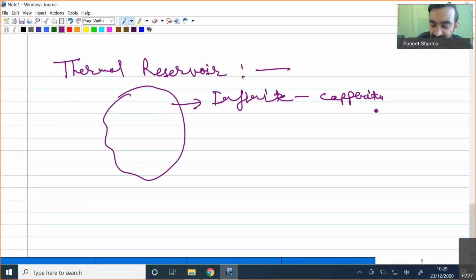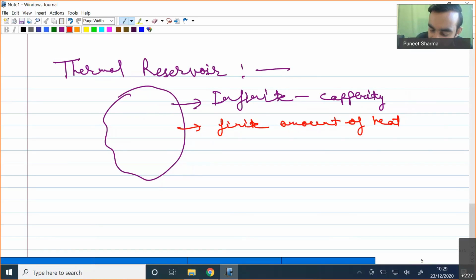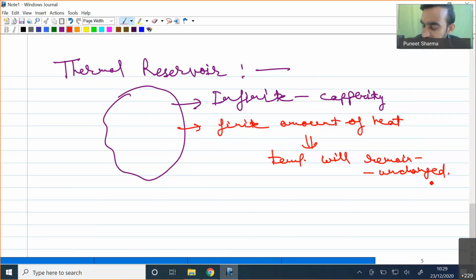The meaning of infinite capacity is that if I take out a finite amount of heat from this particular system, its temperature will remain unchanged. That is the characteristic of a thermal reservoir.